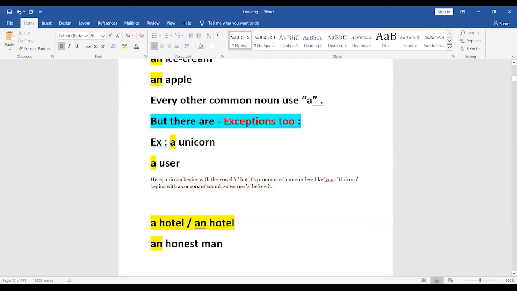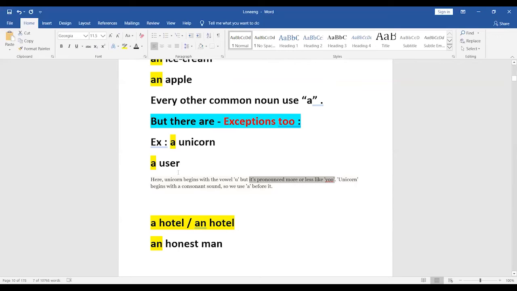Because unicorn, user, all these start with the vowel U, but the pronunciation starts more or less like you. It doesn't start with the vowel sound. The letter which is stressed is like Y, you. And because the U sounds more like a consonant sound, that is the reason why we use a in front of unicorn, user.